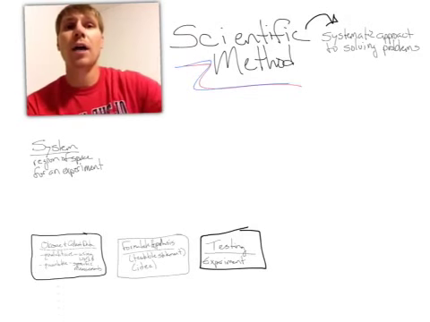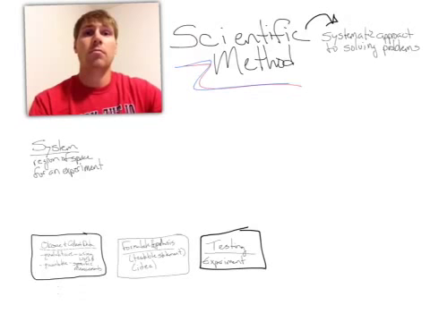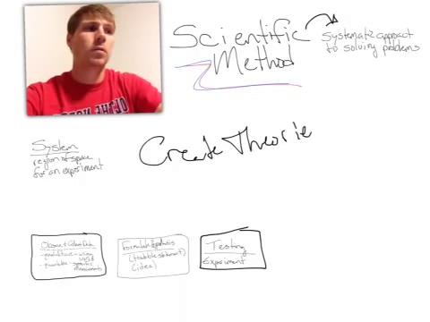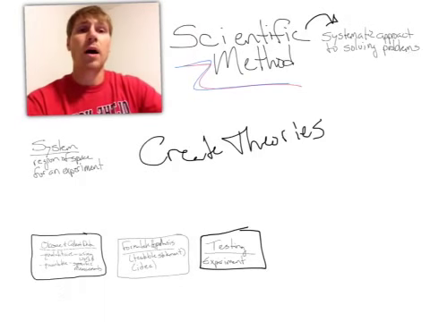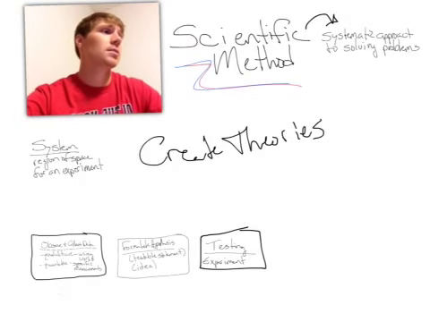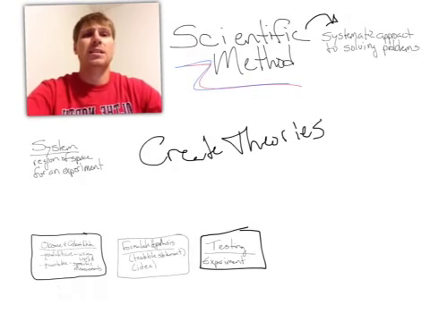All right. Now, from our actual testing, this is where we're going to start to create theories or models, or basically explanations for what our tests proved, okay, or at least alluded to.